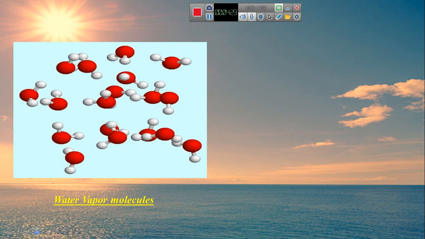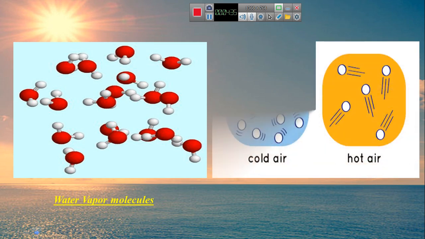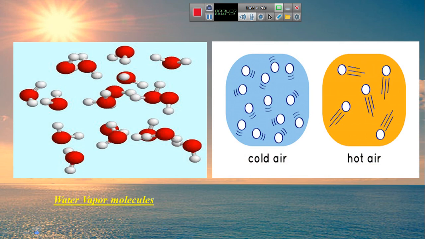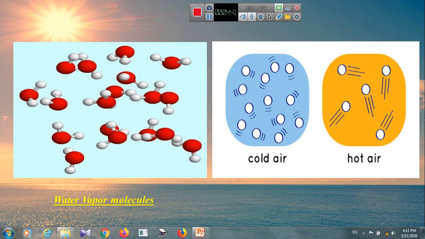Okay, so this picture shows you the water vapor molecules, cool air and hot air. For the cool air, it moves slowly and the molecules move closely together.